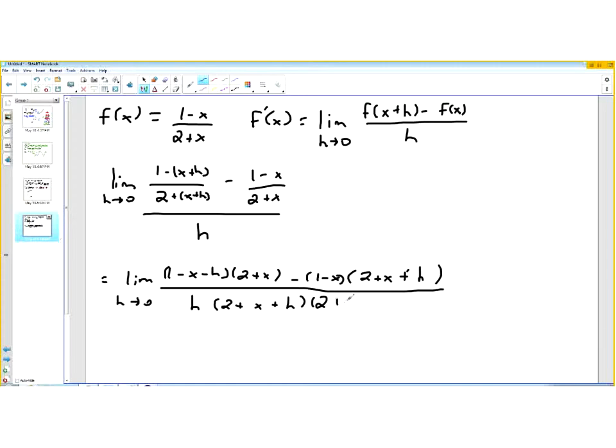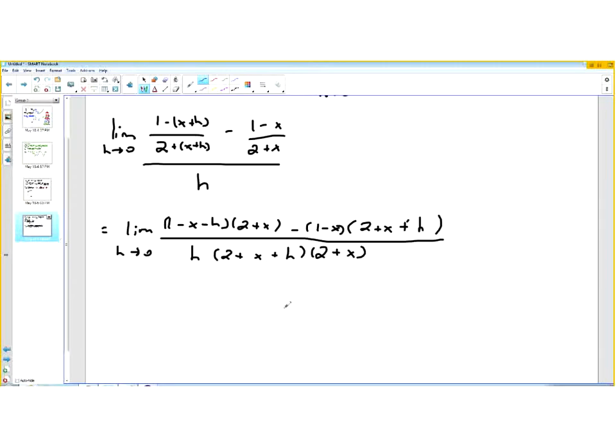All right, so I'll do the multiplications in the numerator.